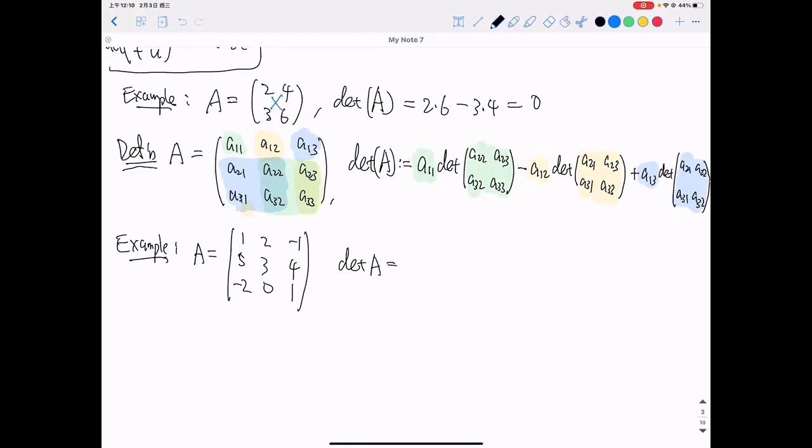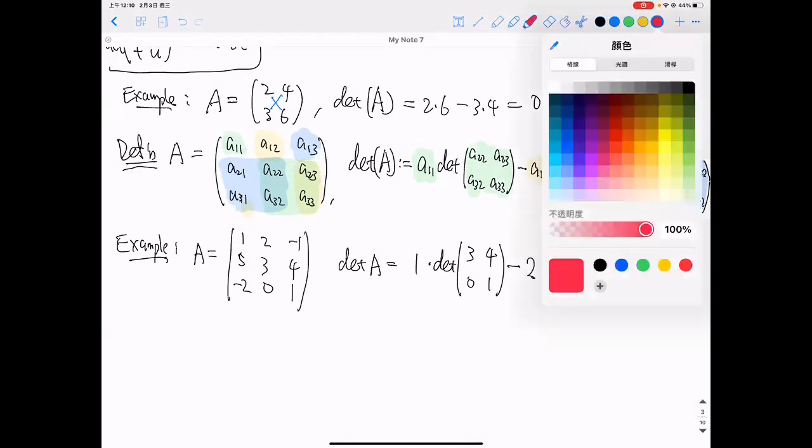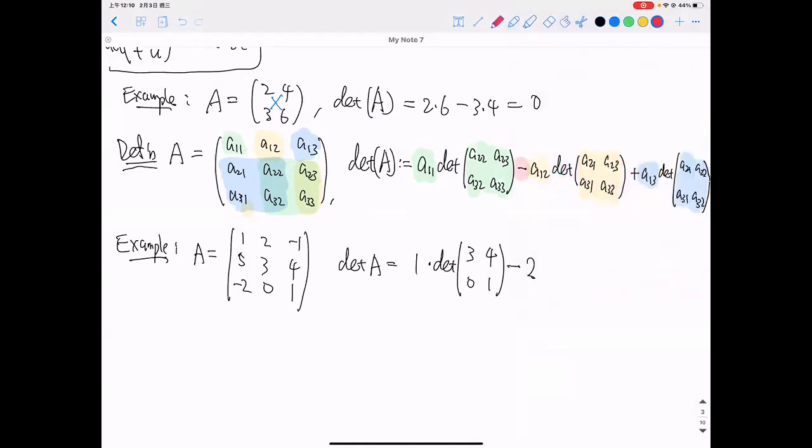The determinant of A is then, well, what's the rule? 1 times the determinant of 3, 0, 4, 1, minus, keep in mind there's a sign here, minus 2 times the determinant of 2, 0, minus 1, 1, plus negative 1 times the determinant of 2, 3, minus 1, 4.